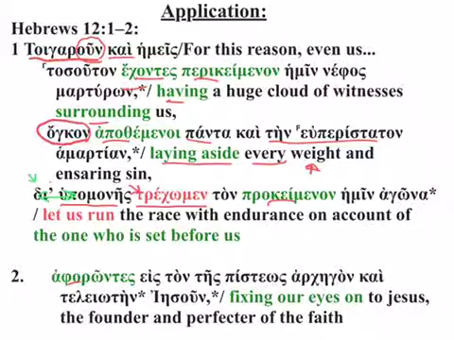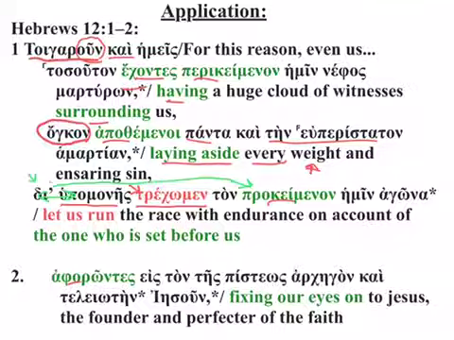Only thing is, because of the word order, I kind of made it go with the participle, which is in the accusative case. So it's on account of the one who is set before us.